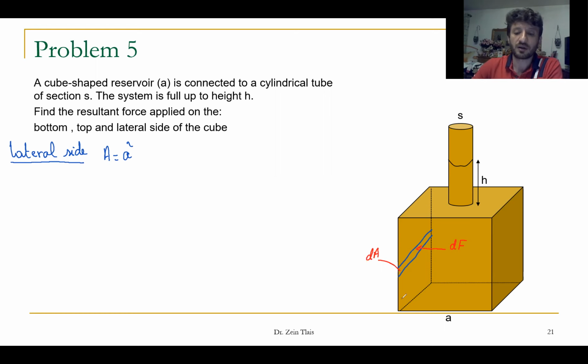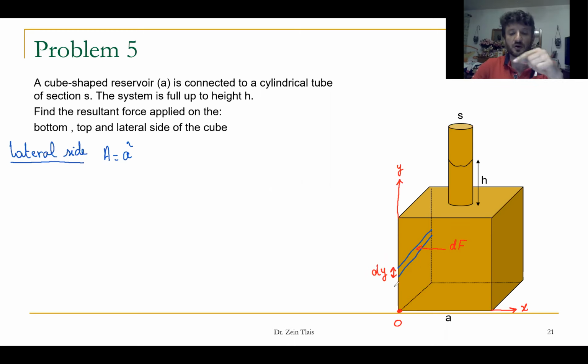You know, here I put the origin O, where we have the x-axis and y-axis. Okay? You know, the height of this small portion equals delta y.